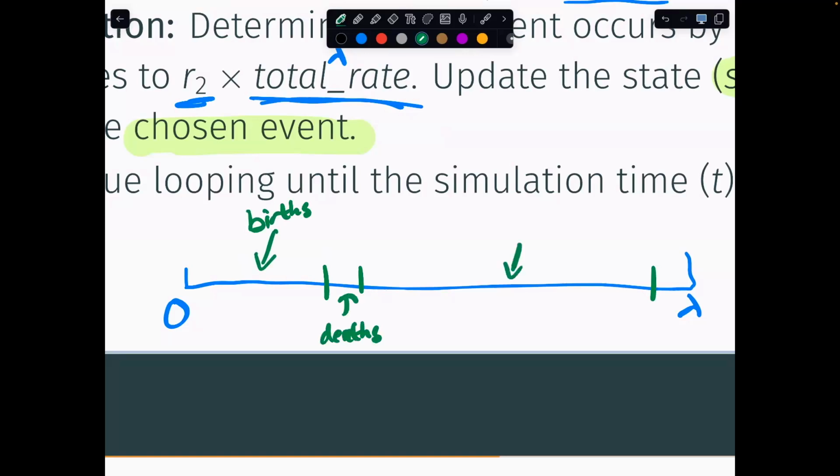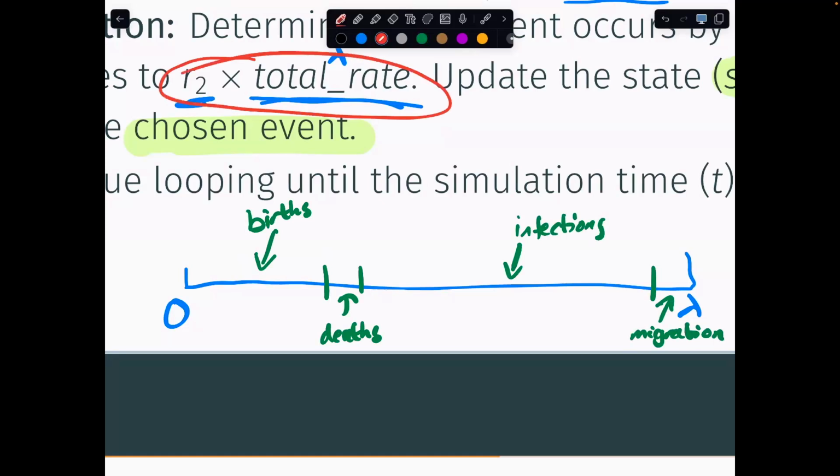Maybe this is infections. And maybe this little window down here is migration, whatever happens to be. And then because we're taking this number R2 times total rate, or lambda in this case, that R2 times lambda is going to fall into one of these windows, right?